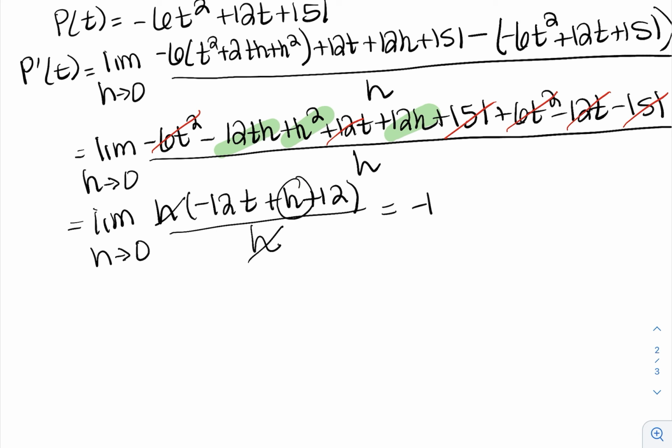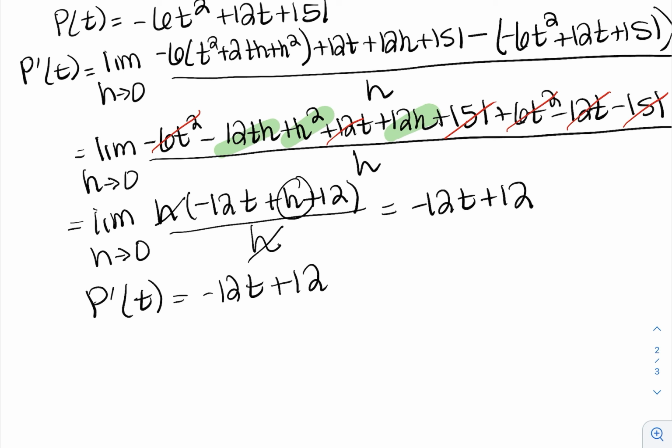So it's going to give me negative 12t plus 12. So P prime of t, my derivative, is negative 12t plus 12, but I want my instantaneous rate of change in 2012, which means that t is 2. So when I plug it in, I get negative 24 plus 12, which is negative 12.